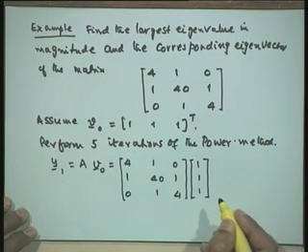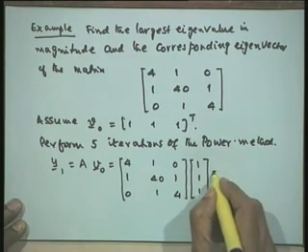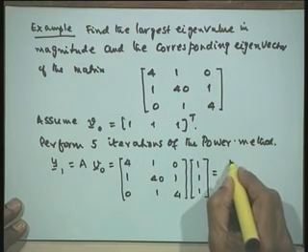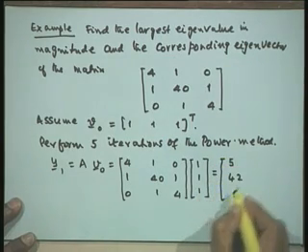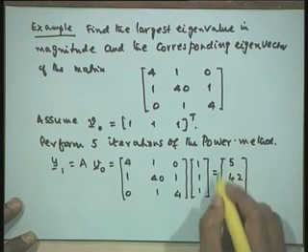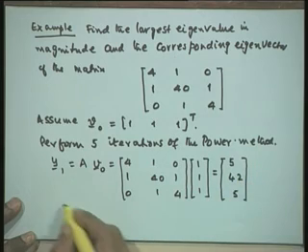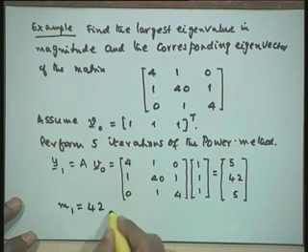So, I get 5, 6, and 5. Now, I find the largest element in magnitude of this, that is 6, so m 1 is equal to 6.